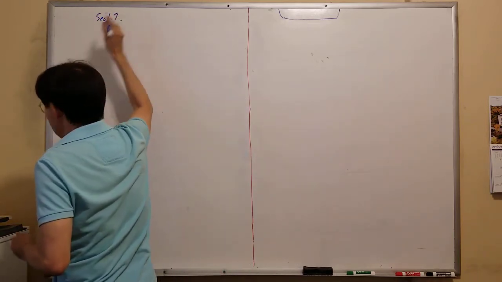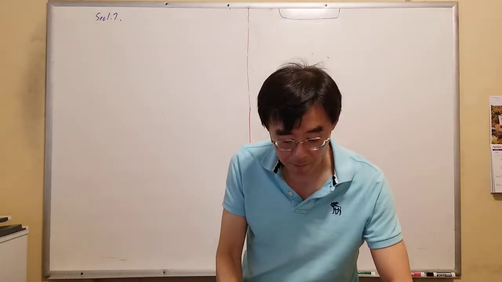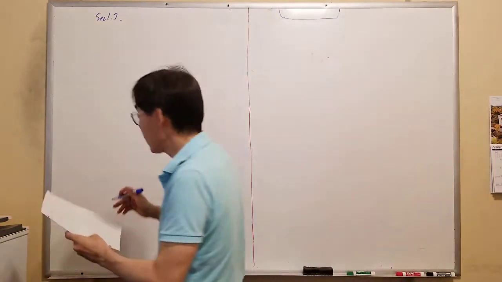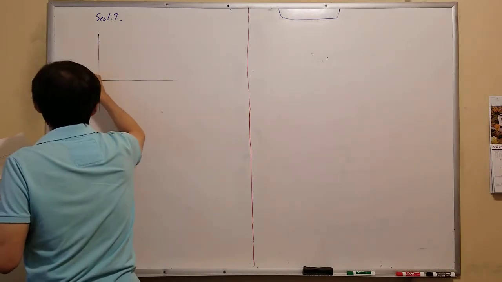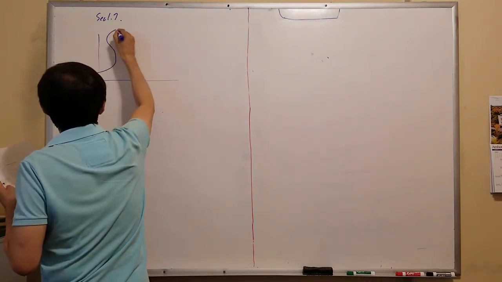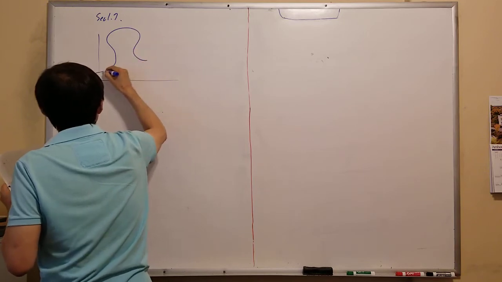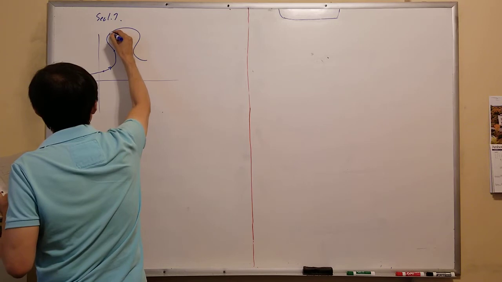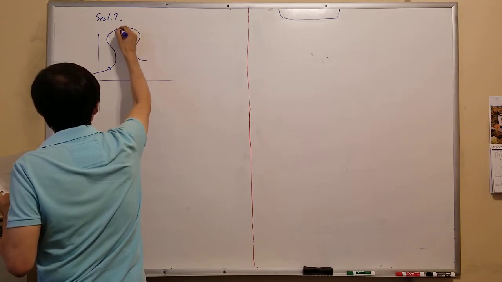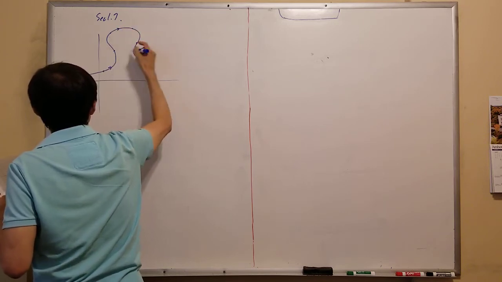Section 1.7. So, let's imagine that there is a moving particle. A particle is moving along this path, all right? As time goes, it moves along this path.